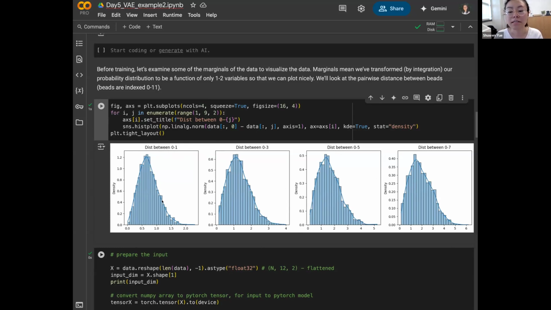The beads that are closer together tend to sit closer together, and the beads that are further apart tend to sit further apart, although you should have higher variance as they sit further apart. This is their bond distance from each other.